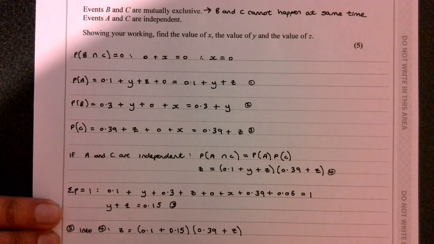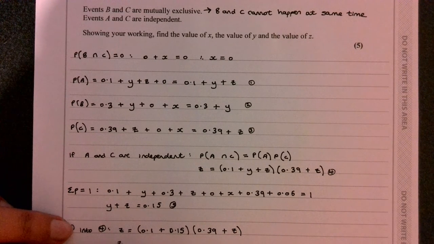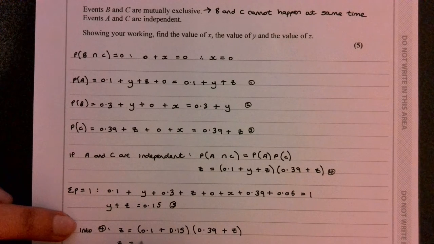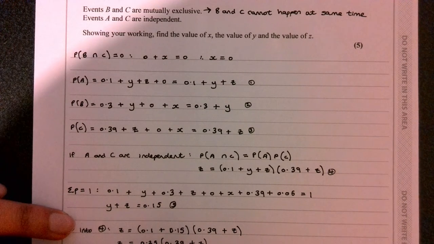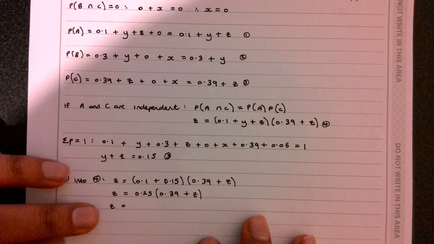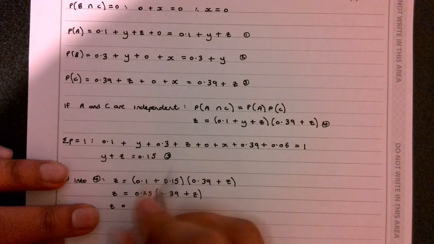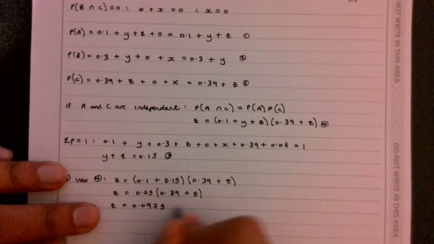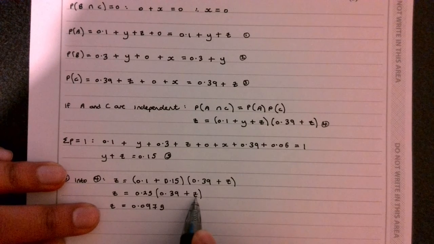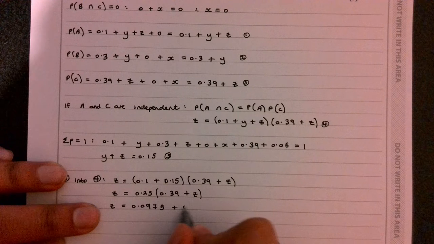Okay, so with that being said, we have z equals 0.25 multiplied by 0.39 plus z. So we have z equals 0.25 multiplied by 0.39. That value is 0.0975. And 0.25 multiplied by z, that's 0.25z.